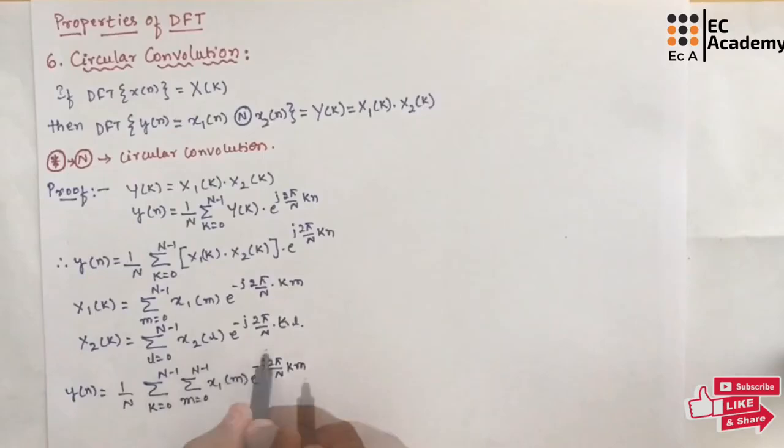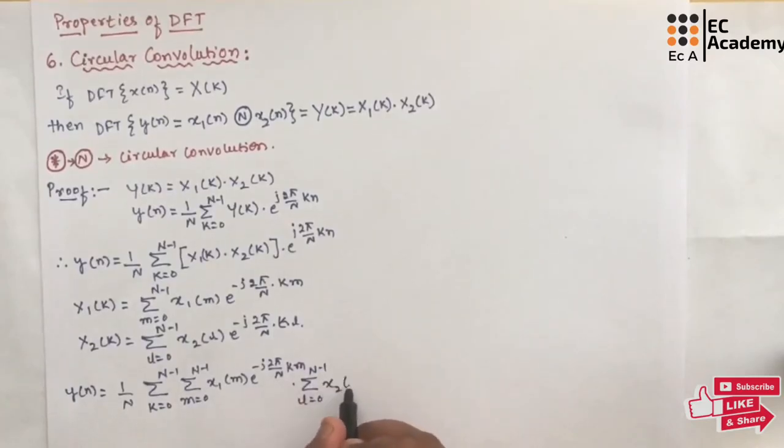We will write this in place of x2 into summation of L is equal to 0 to n minus 1 x2 of L e to the power of minus j 2 pi by n into kl into e to the power of j 2 pi by n into kn. Now let us rearrange this equation.